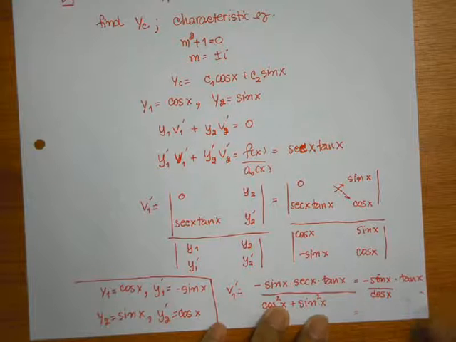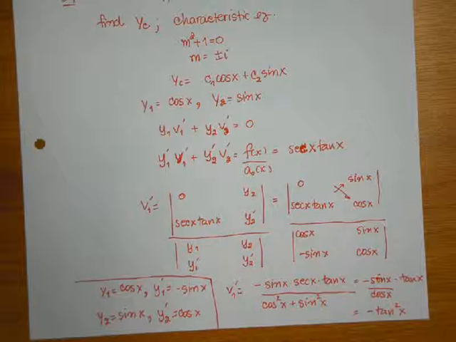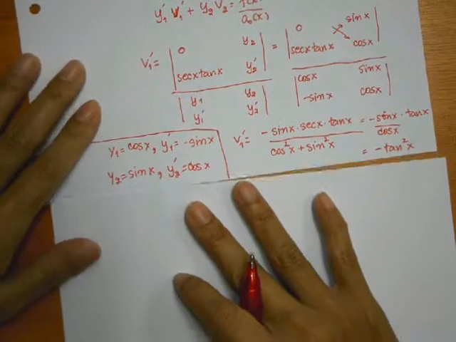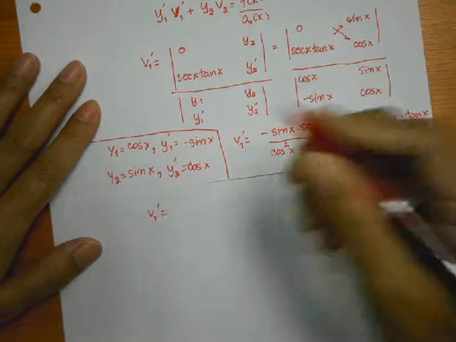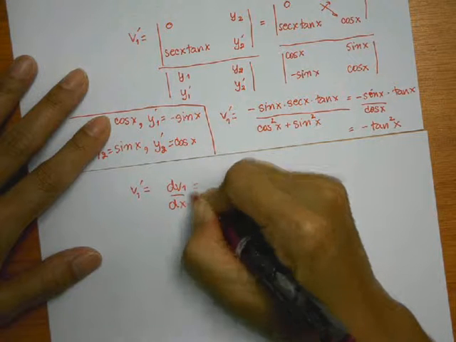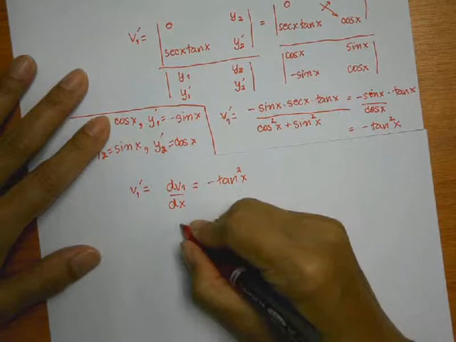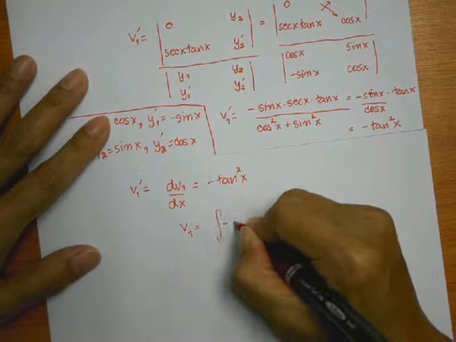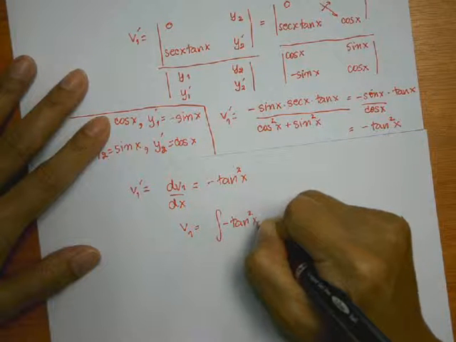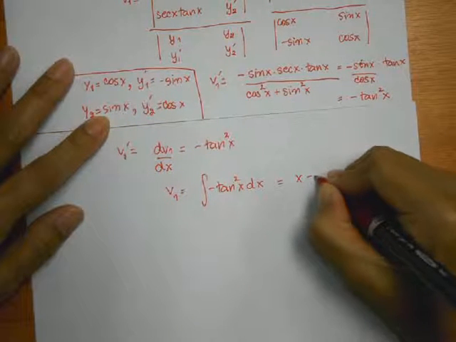You would get minus tan square x. Then you got to do the integral of this term, right? Because we know that the first derivative of v1 is equal to dv1 by dx is equal to minus tan square x. So that means our v1 is equal to integral of minus tan square x dx, okay, which is equal to x minus tan x.